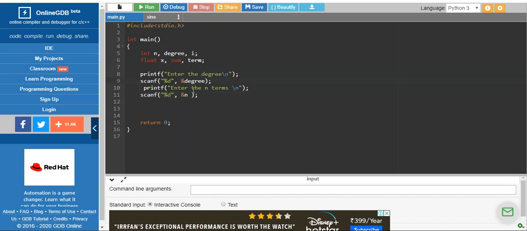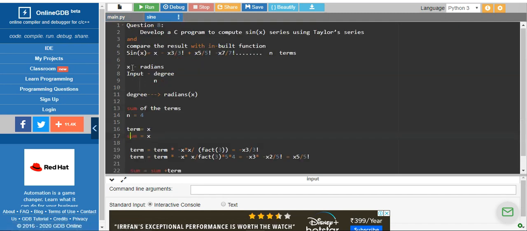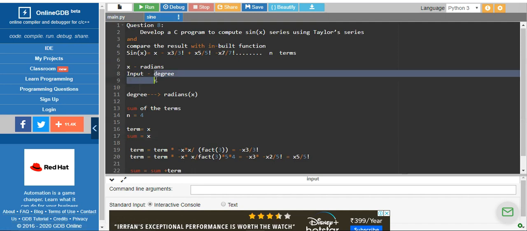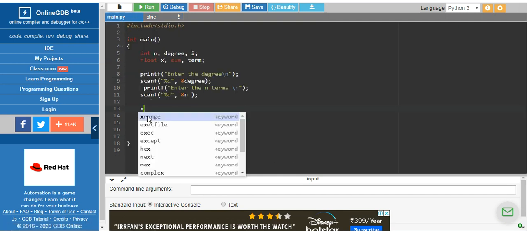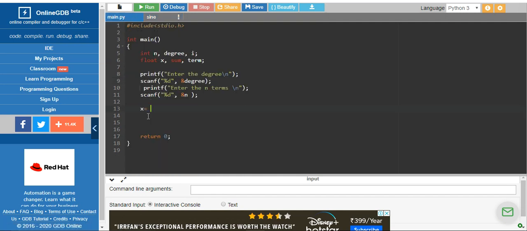Now after taking these two inputs, what is the next stage of action? As we discussed, we have taken the input of degree and n. Now we need to convert the degree into radians. So that is nothing but x is equal to degree into pi by 180. I will consider pi as 3.14, star 180.